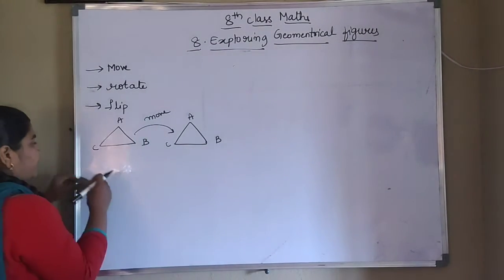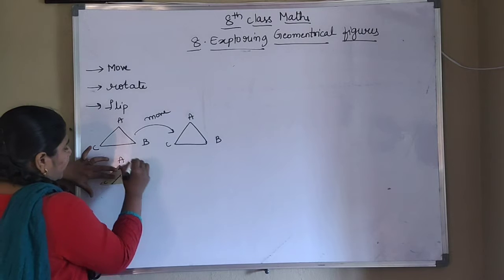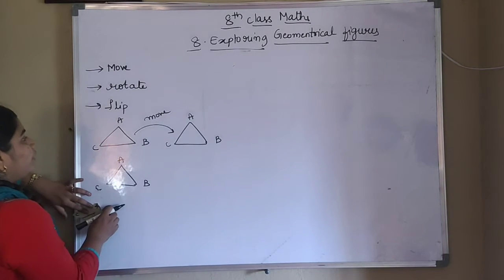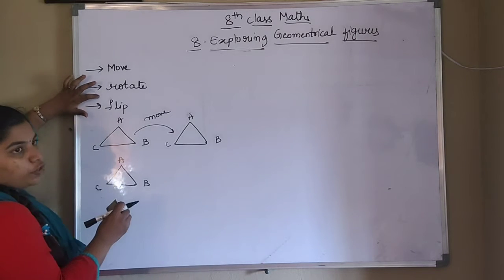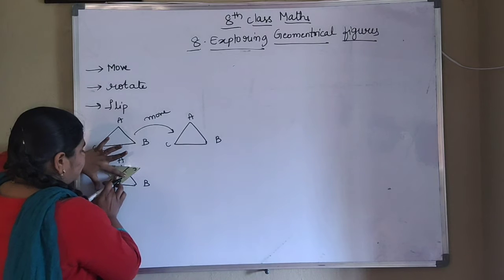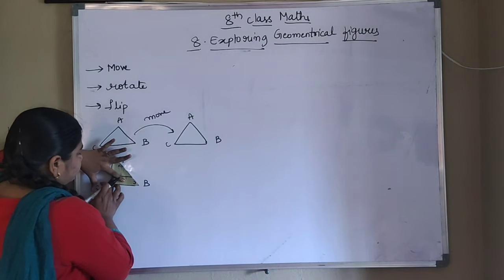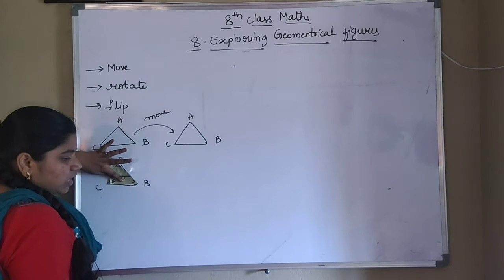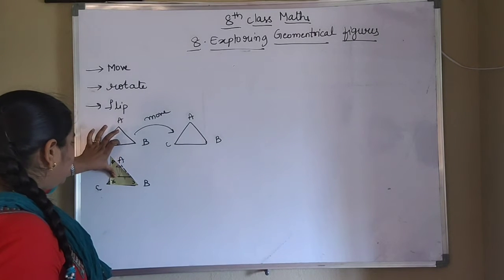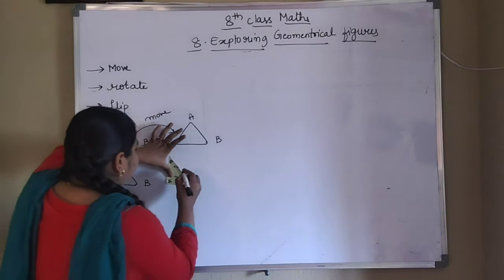Now next is rotate. Again I have kept the figure here, A, B, C. This is one triangle. We are learning about rotate. Rotate means this triangle has been rotated like this. Now the triangle has become this way.